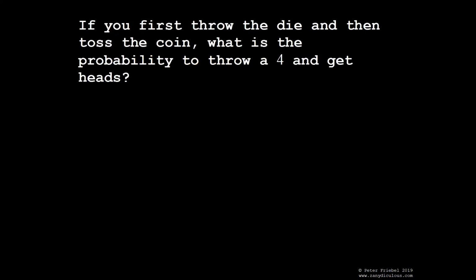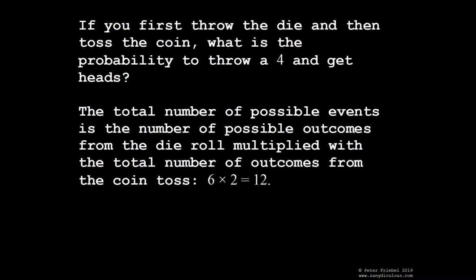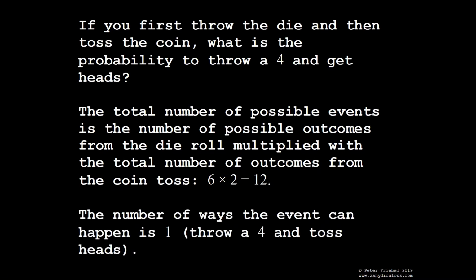If you first throw the die and then toss the coin, what is the probability to throw a 4 and get heads? The total number of possible events is the number of possible outcomes from the die roll multiplied with the total number of outcomes from the coin toss. So that would be 6 times 2 is 12. The number of ways the event can happen is 1.